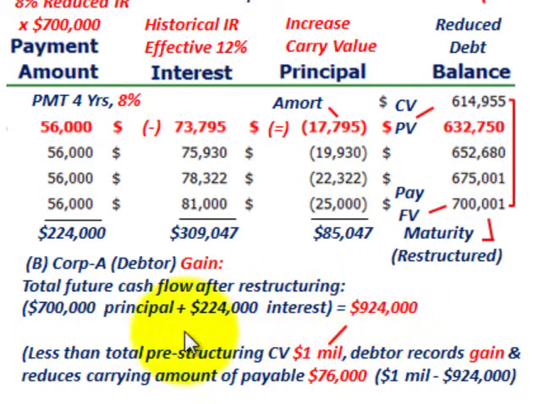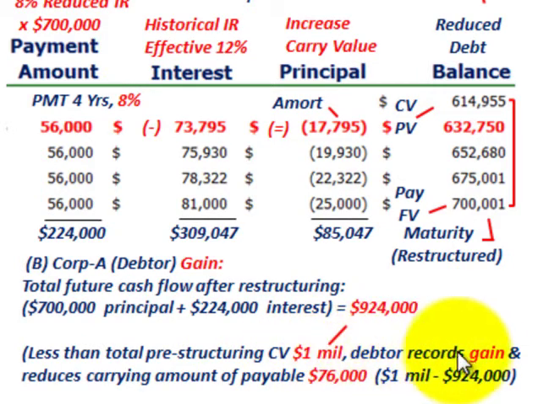So that's what their cash flow is going to be, what Corporation A has to pay out. Now we have to compare that to our pre-restructured carrying value. The $924,000 is less than the total pre-restructured carrying value of $1 million. So all they're going to have to pay is $924,000, and they would have had to pay $1 million based on the pre-restructured carrying value.